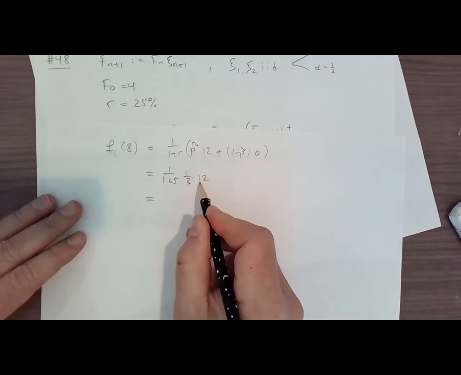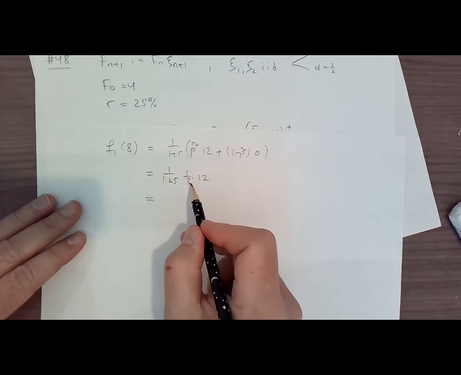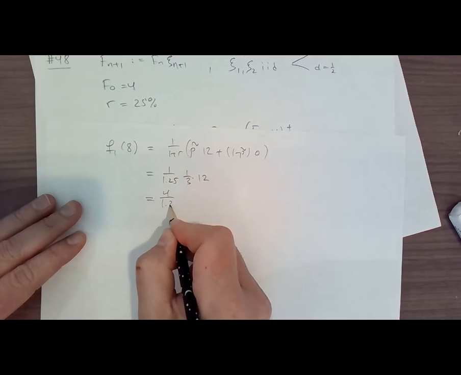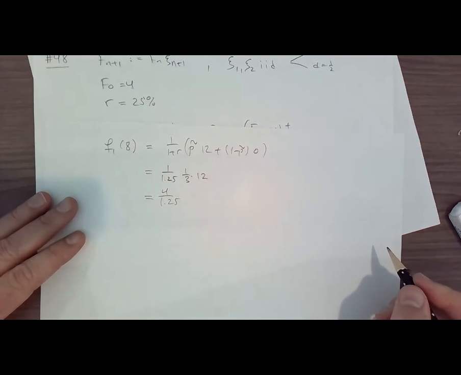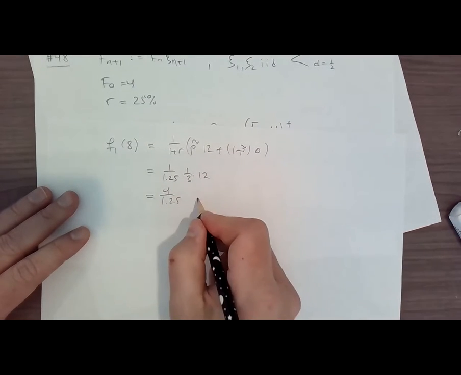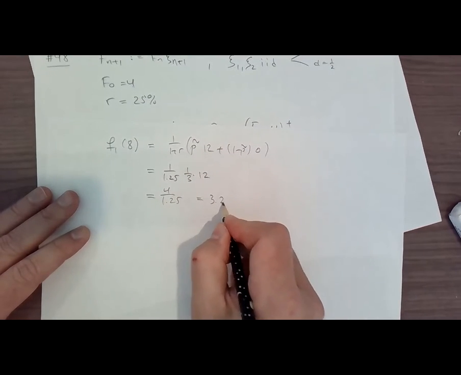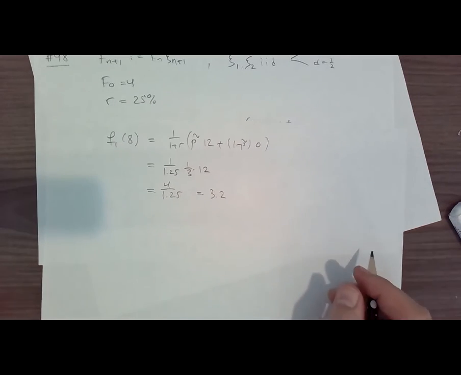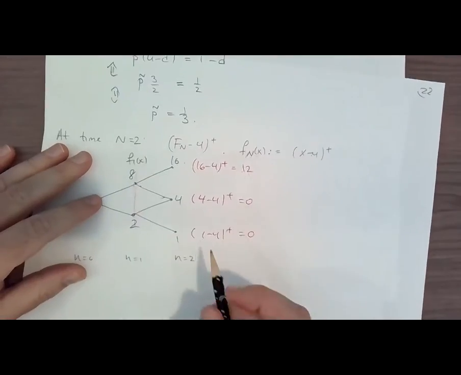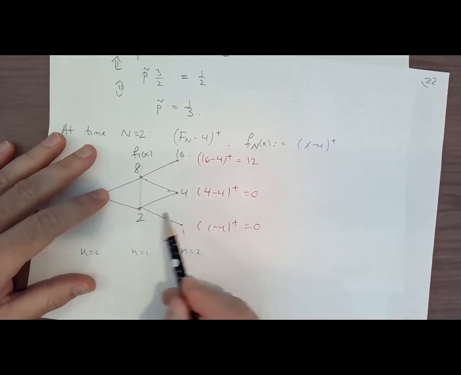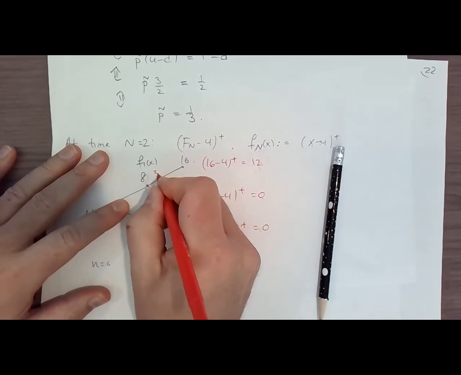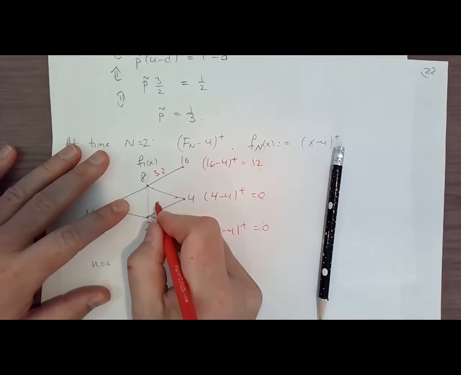So what does it come out to? This will be 12 divided by 3 is a 4. 4 divided by 1.25. What is that? Something like 3.2? Yeah. And of course, if we are in the downstate it is not nearly as exciting, because you have a 0 and a 0, so you're going to get a 0 here. So 12 and 0 becomes 3.2. 0 and 0 becomes 0.